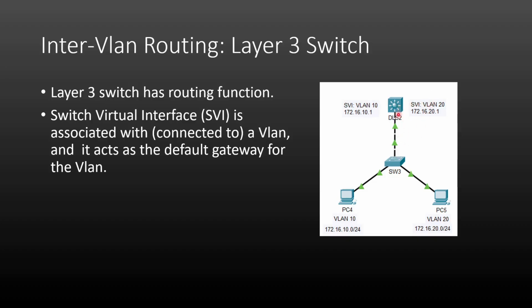And the link between the layer 3 switch and the layer 2 switch must be a trunk, so that the trunk link will support traffic from all different VLANs flowing through this single physical link. This is the layer 3 inter-VLAN routing solution.